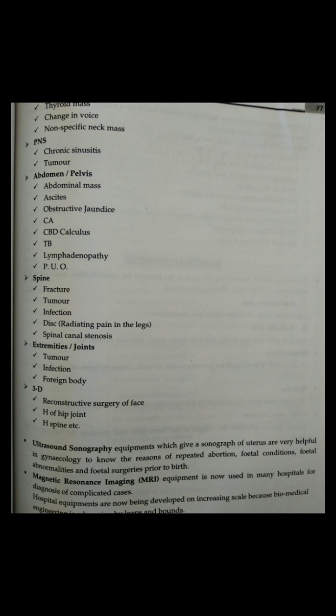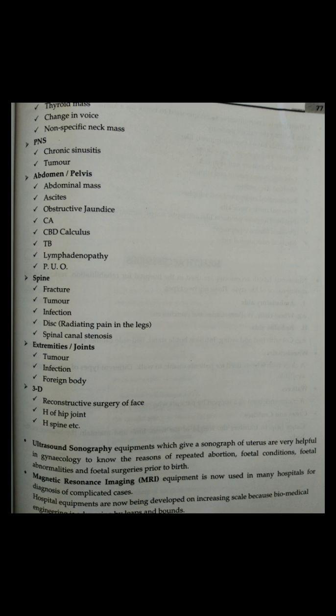Next is needle holders, then rubber catheters, then miscellaneous instruments, in that tongue holding forceps, sponge holding forceps, then bone cutting forceps, bone holding forceps, then piles holding forceps, then intestinal clamp, then laminectomy saw, that is Horsley's type.